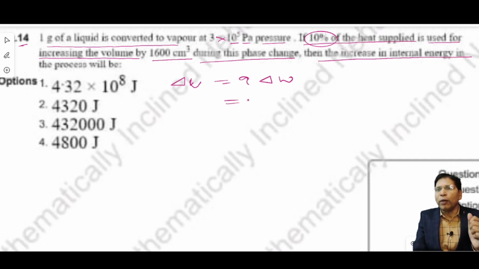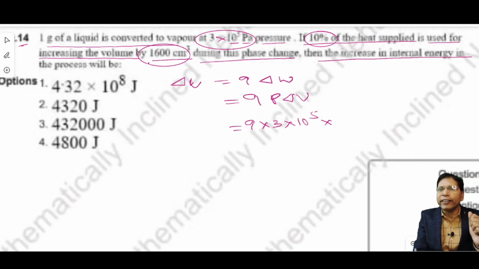What is delta W? This is 9 into P delta V. Delta V is 1600 cc. P is 3 into 10 to the power 5 Pascal. So this is 9 into 3 into 10 to the power 5, and delta V is 1600 cc, which should be converted into meter cube, so 10 to the power minus 6 joule.